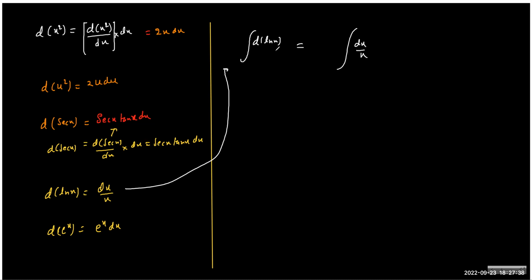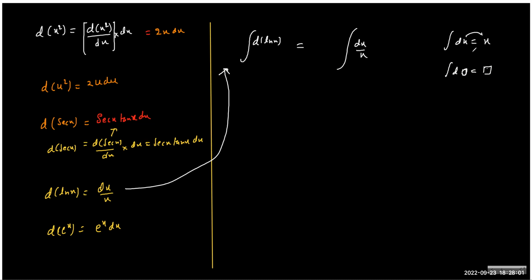What is the integration of d of something? We just learned this. What is the integration of d of x? What answer did you get? x. So the integral of d of anything is that anything. Whatever you write here will come here.